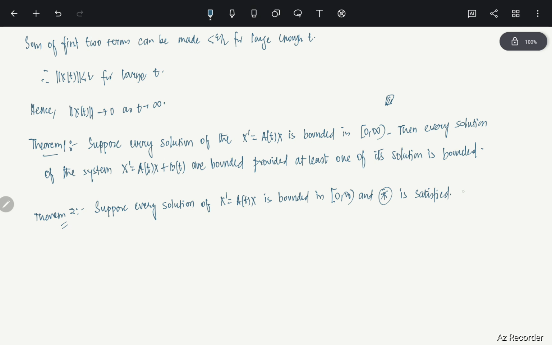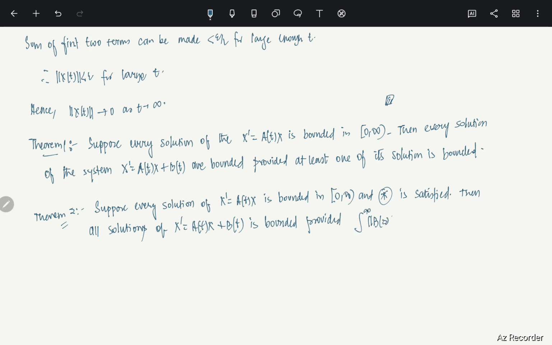Then all solutions of x prime equals A t times x plus b of t are bounded. You need an extra condition, provided the norm of b s is summable. Yes. What we did up till now, if you have understood all the proofs, this is trivial.